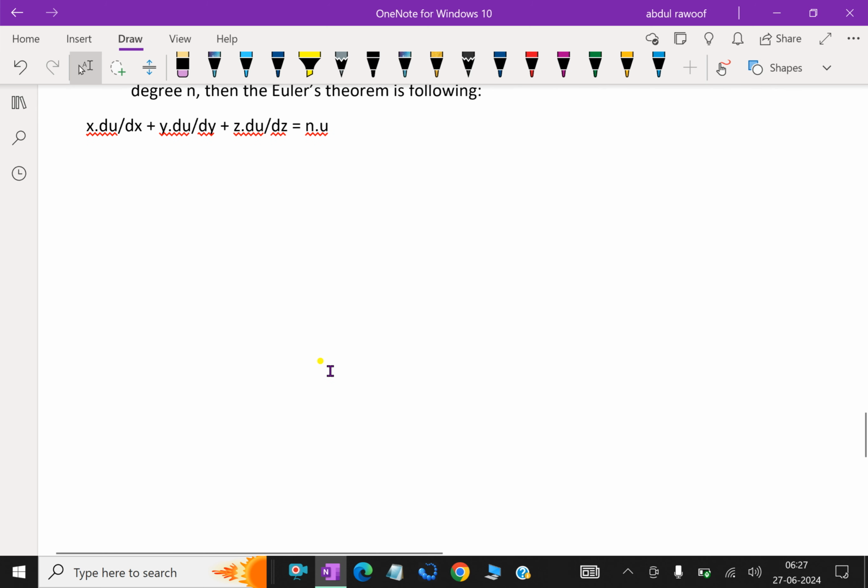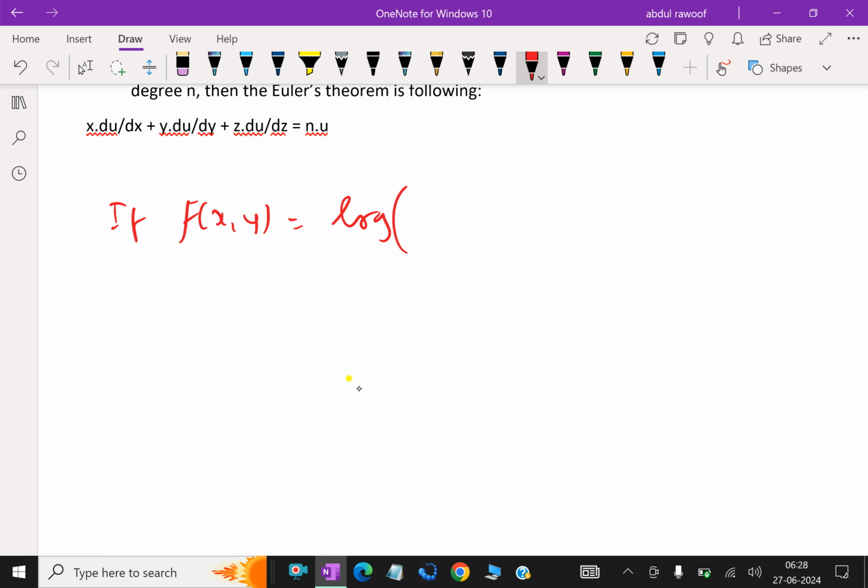Let us do an example problem to understand this concept. For Euler's theorem, we will solve something. If f of x comma y is the function log of (x squared plus y squared) over (x plus y), by Euler's theorem we have to prove this.